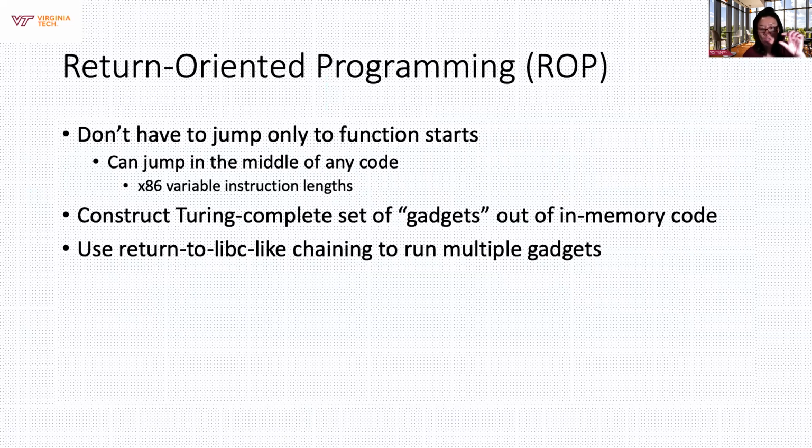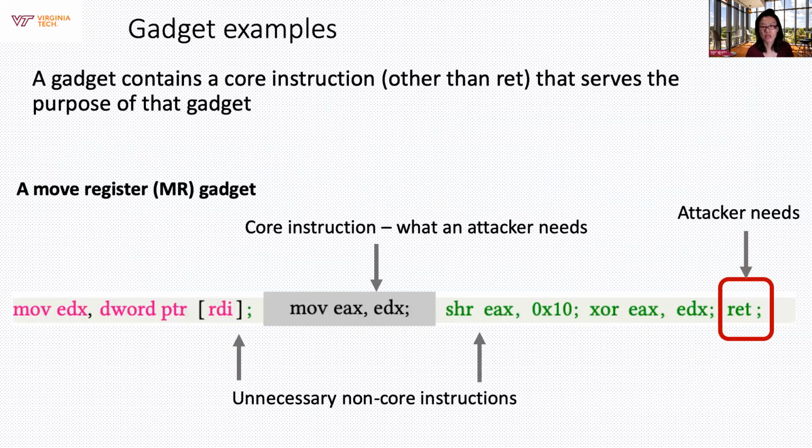This gadget is a concept introduced by return-oriented programming. People say ROP gadget. It's just a sequence of instructions, it could be two, three, four, five. Here is an example.